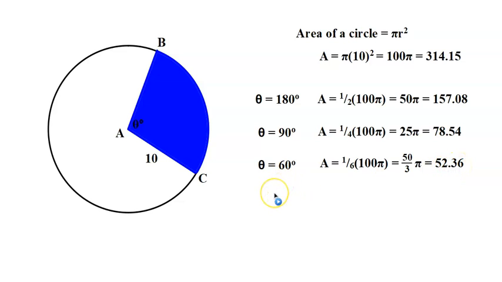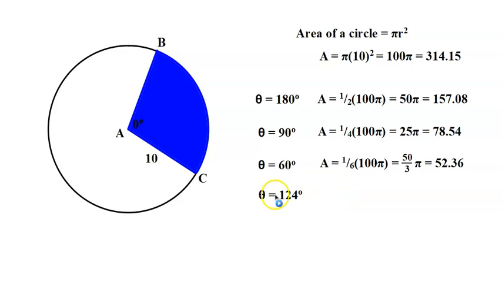Okay, so what would I do if it was 124 degrees? Any idea what we would do? Well, in all of these other ones, we said this is a fraction of a circle, so we're just going to multiply by whatever fraction it is. Take the circle times some fraction. So we have to figure out what fraction of a circle is 124 degrees. Well, the entire circle is 360 degrees, right?